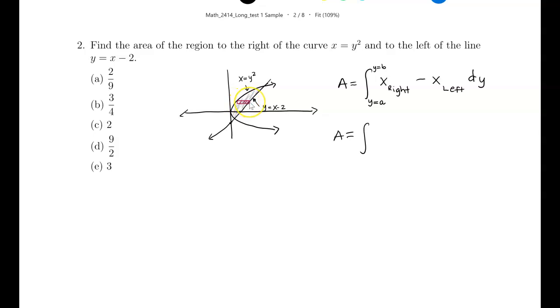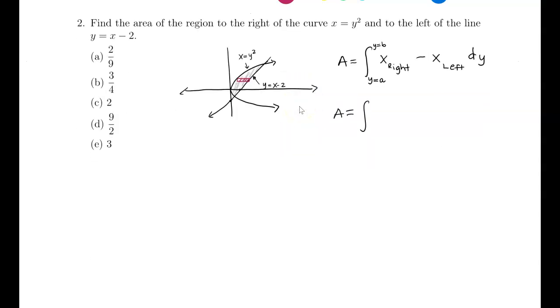If you have a strip here, it's this curve here, and that is actually the line y equal to x minus 2. Now, we have to write that in terms of y.